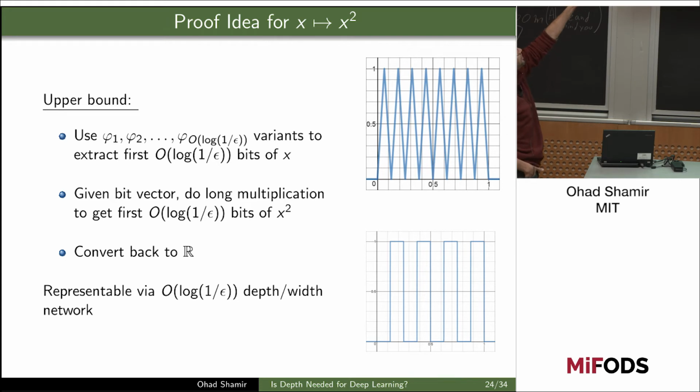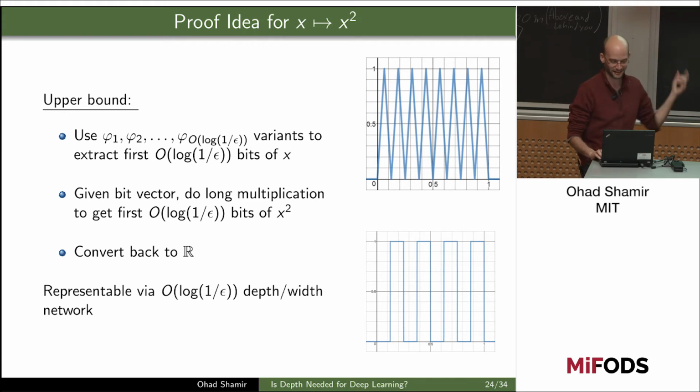So with log 1 over epsilon depth, you can extract the bits. Then you get x as a bit vector. And now you just do this long multiplication, the type you do in grade school. And you can compute the bits of x squared. And then again, you convert it back to the reals. And you can do it with logarithmic depth and width.